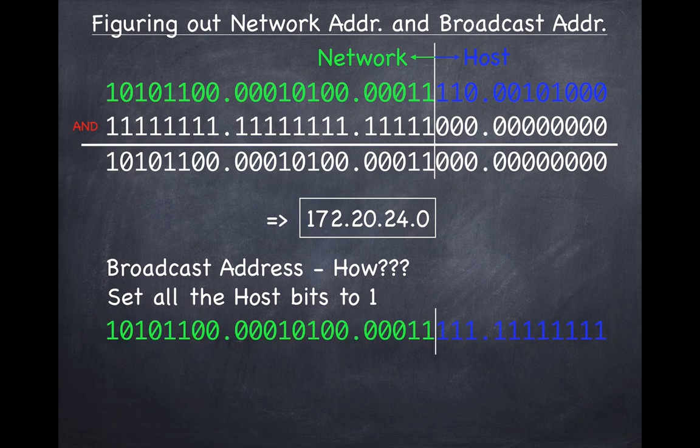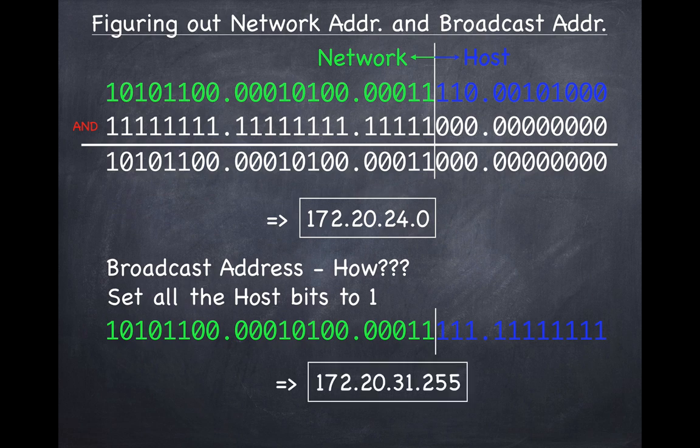So we have the network portion in green, which is exactly what we had before, and instead of a string of 0s in the last 11 bits, we have 11 1s. If we convert that back to decimal dotted notation, 172.20.31.255 is the broadcast address to be used with the original IP we started with.